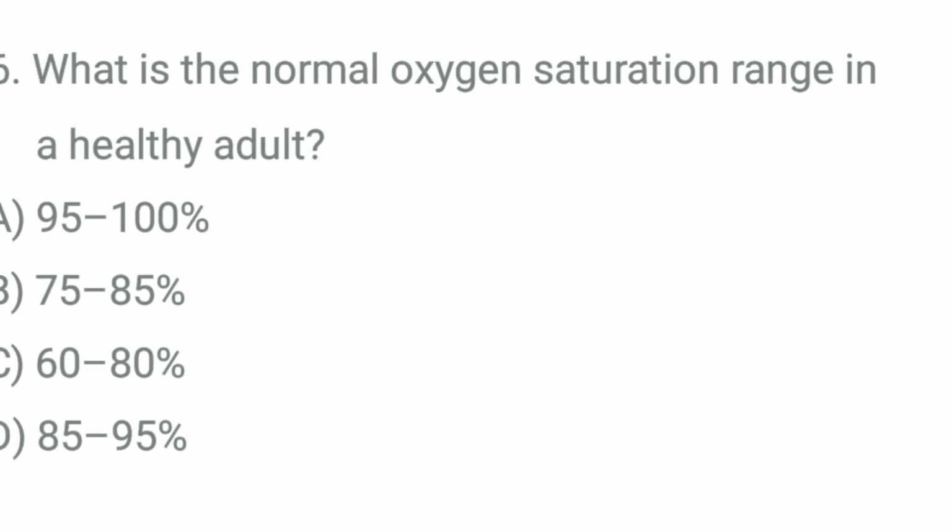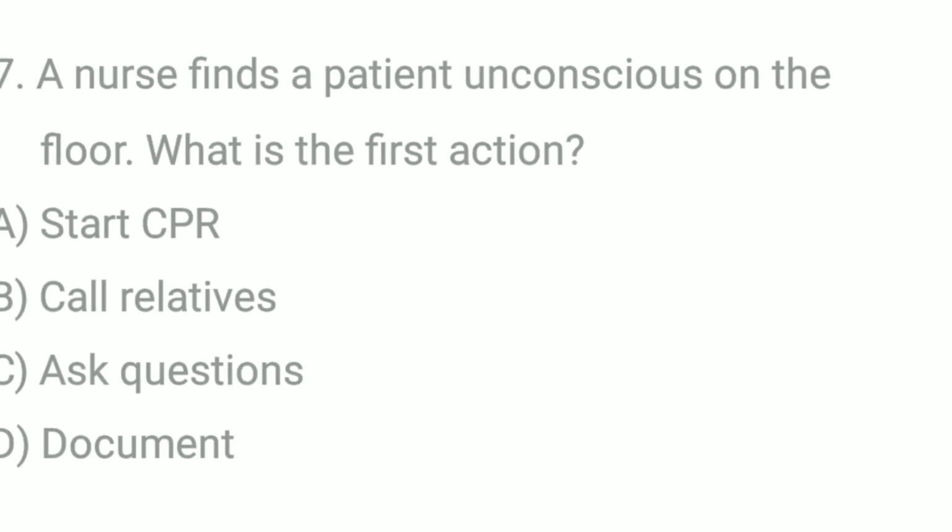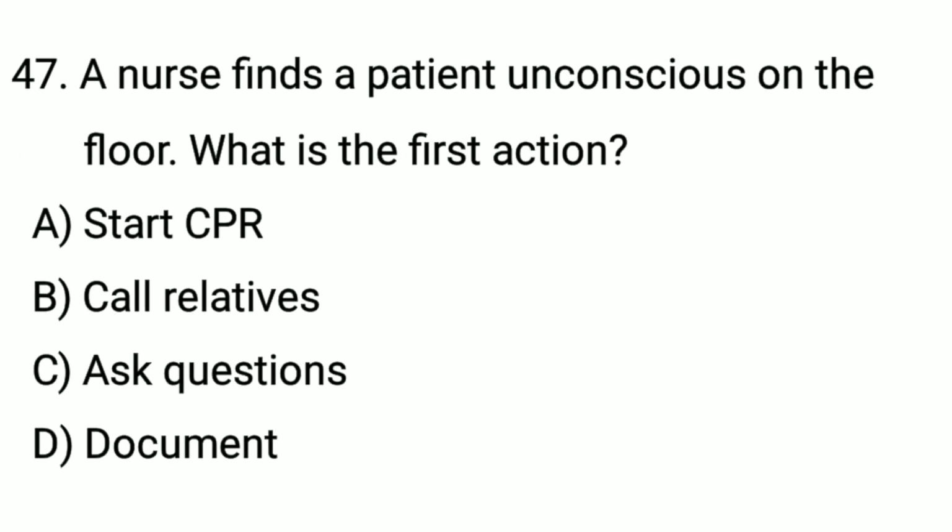Question number 46. What is the normal oxygen saturation range in a healthy adult? The right option is option A, 95 to 100%. Question number 47. A nurse finds a patient unconscious on the floor. What is the first action?